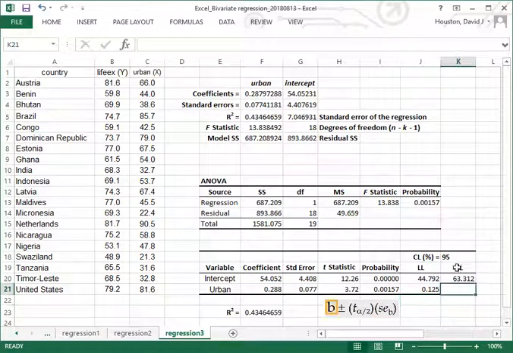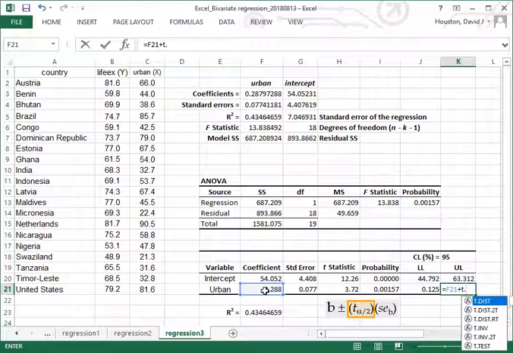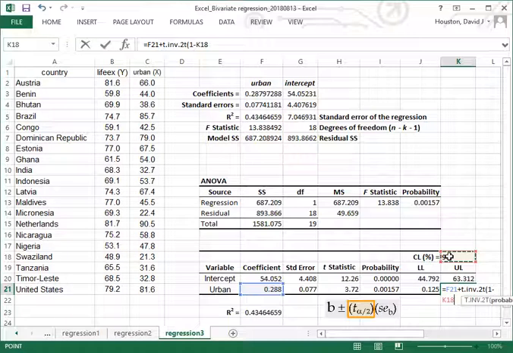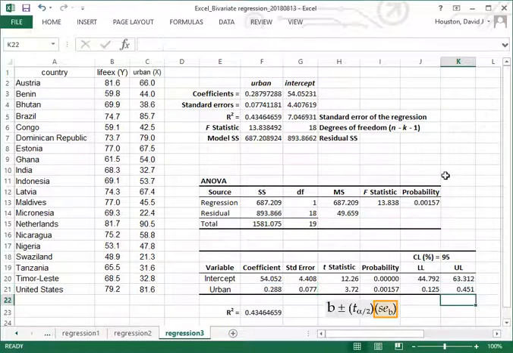We'll do the same thing for the upper limit. Take the coefficient, add to that the critical value of t for two-tailed, 1 minus, again, 95 divided by 100, comma, click on the cell that contains degrees of freedom, close parenthesis, and multiply that critical value by the standard error.